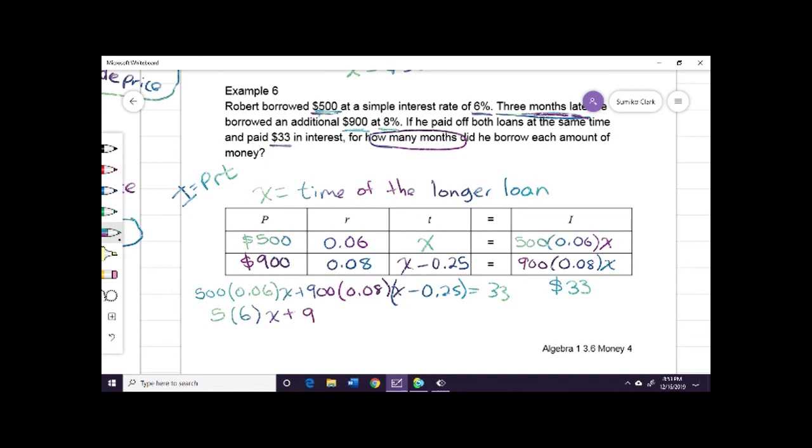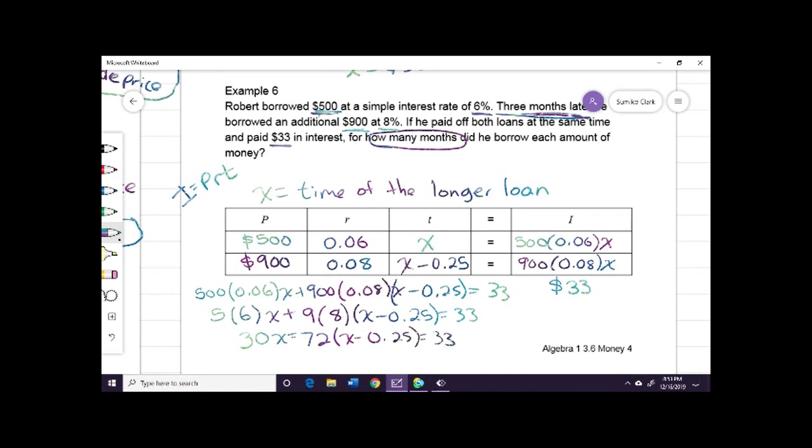So I'm going to take the 100 and multiply it times 0.08 and get 8 times x minus 0.25 equals 33. Okay, now I'm going to go ahead and do some multiplication. 5 times 6 is 30. 9 times 8 is 72. x minus 0.25 equals 33.